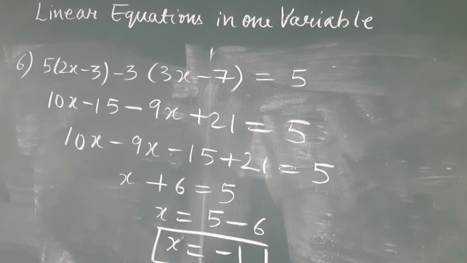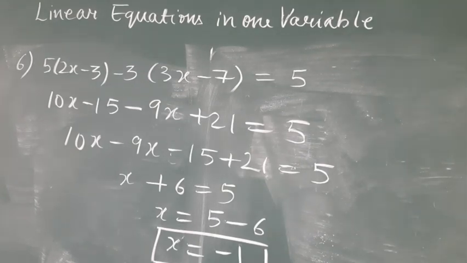5 within bracket 2x minus 3 minus 3 within bracket 3x minus 7 is equal to 5. So as you all can see, 5 is multiplied with 2x minus 3. So it has to be multiplied by both the terms. So 5 2s are 10, so it will be 10x, minus 5 3s are 15, so it will be minus 15. Now minus 3 will be multiplied by 3x and also by minus 7.